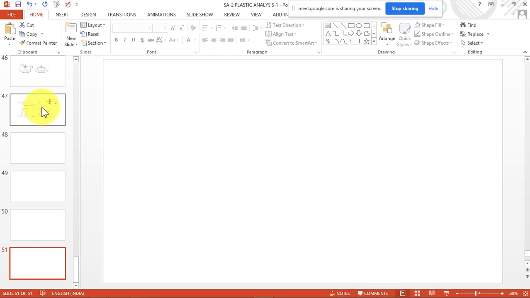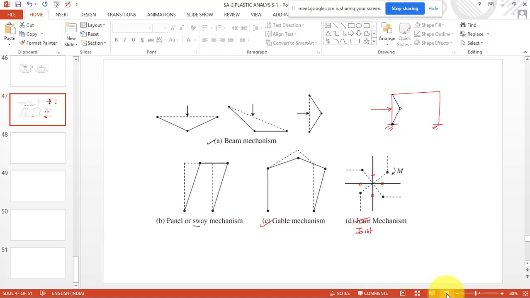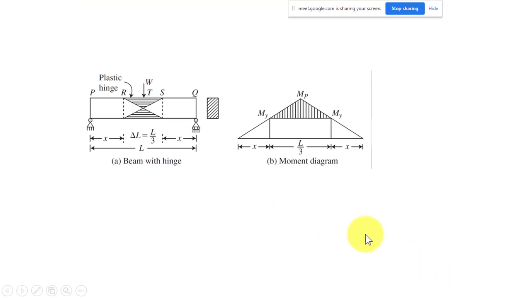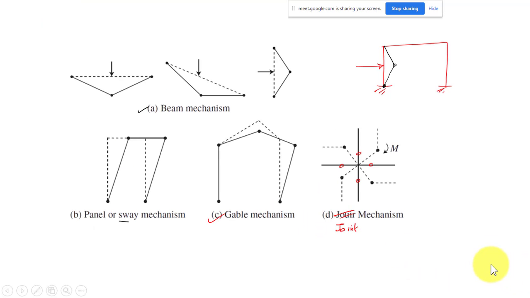Actually, while finding the collapse load for a frame, you have to check all the possible mechanisms one by one. Then we take the least load. Beam mechanism and sway mechanism are independent mechanisms, which we have to see separately.